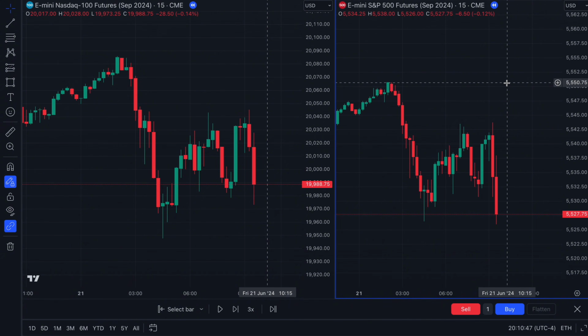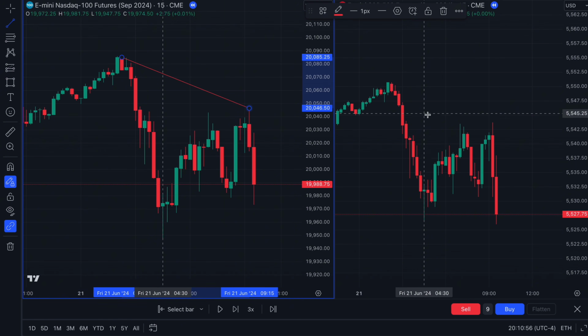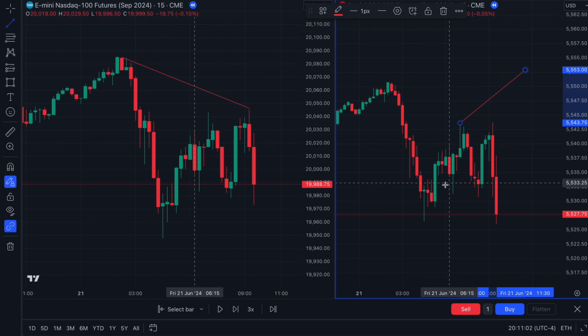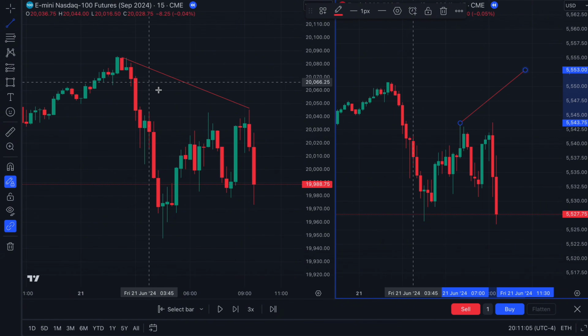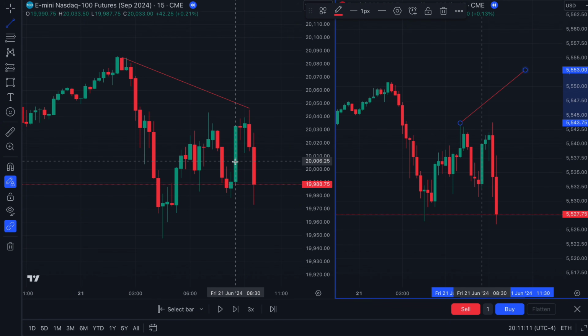What I mean by an SMT is that if NQ creates this high here and it creates a low, and ES creates a low and a high, it's also indicating that ES is more bullish, therefore NQ is lagging behind, and it actually means that NQ has more upside potential basically to come in the short term.